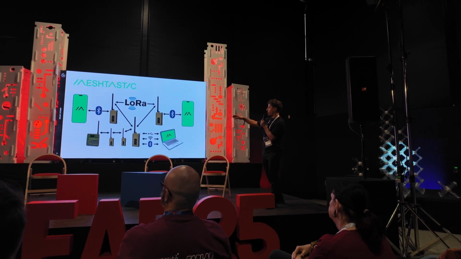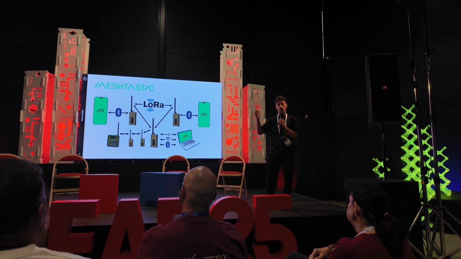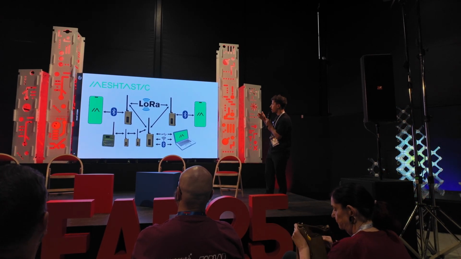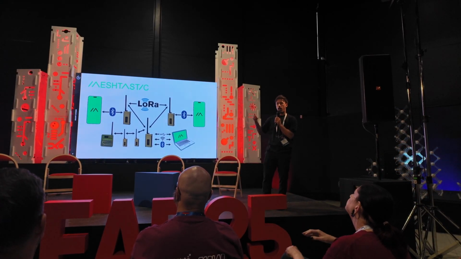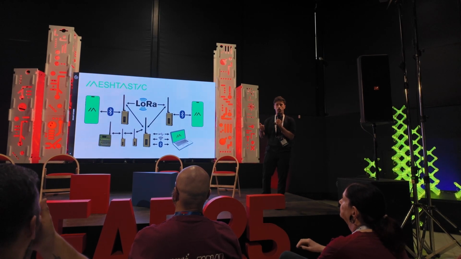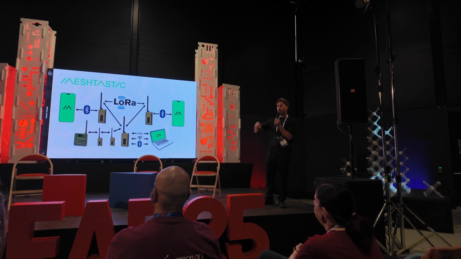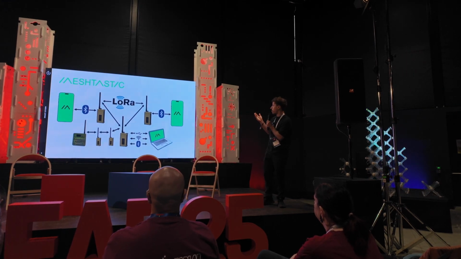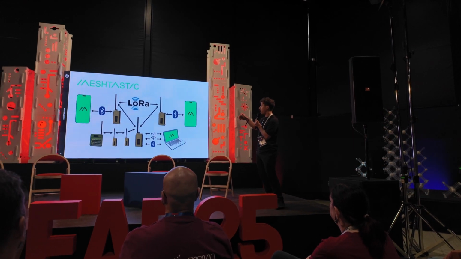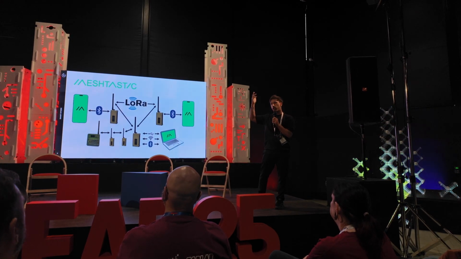And devices can then communicate among themselves, sending messages via this protocol. But then at some point, you can have a phone or a computer and connect to that network via Bluetooth or via local networks through Wi-Fi, and then perform what we would call an uplink, which means that we're sending data that could be captured or generated within the network up to the internet.